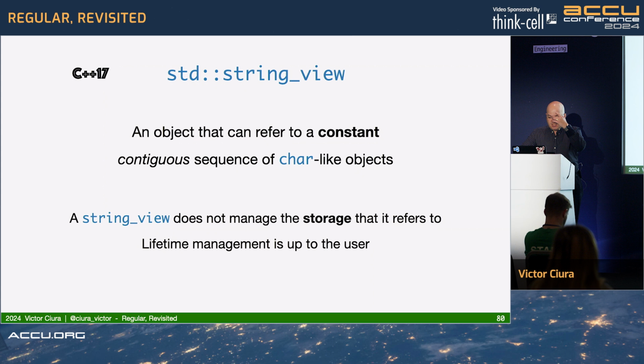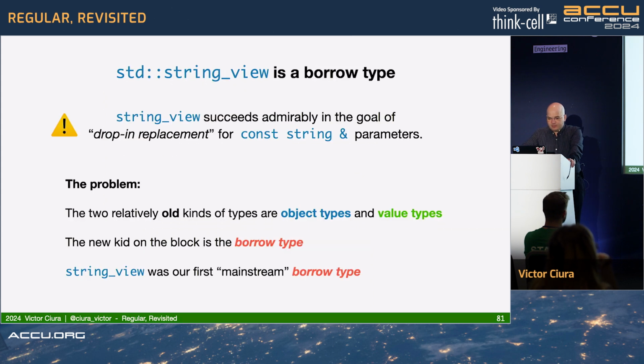Okay. So some examples of things messing up this stuff. String view. I think I'm not even gonna ask. I'm pretty sure everyone is familiar with string view or even using it. Problem is that string view succeeds very well as this drop-in replacement for const string reference, and it was designed so, right?